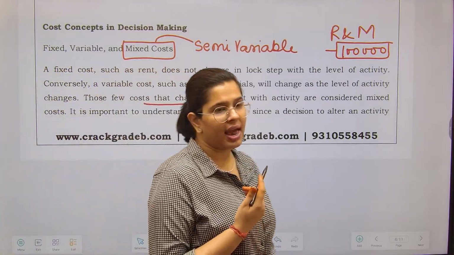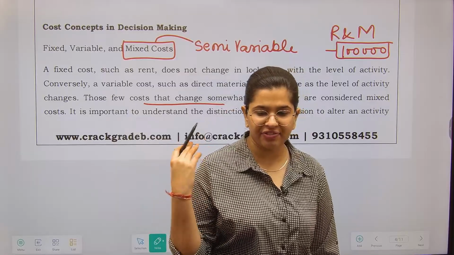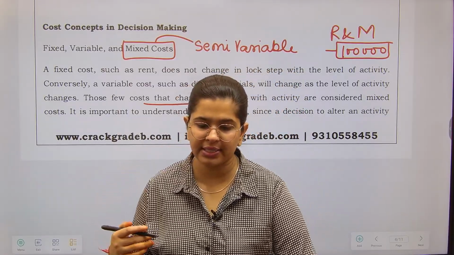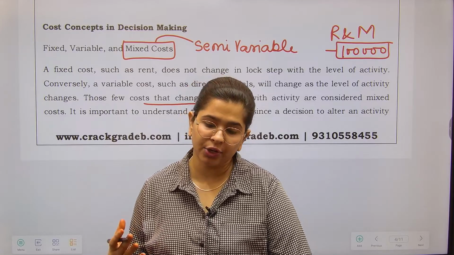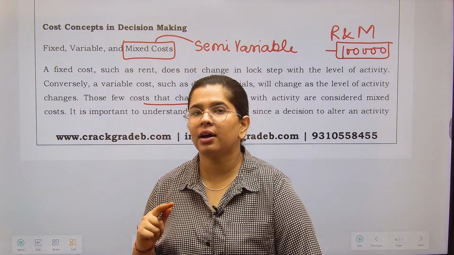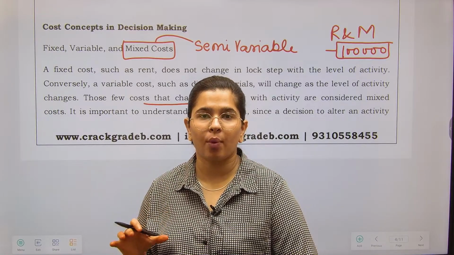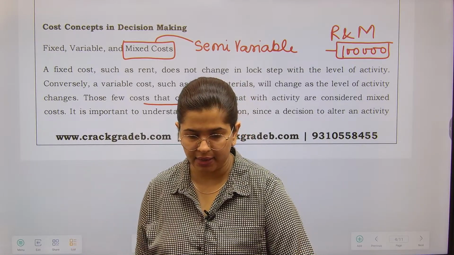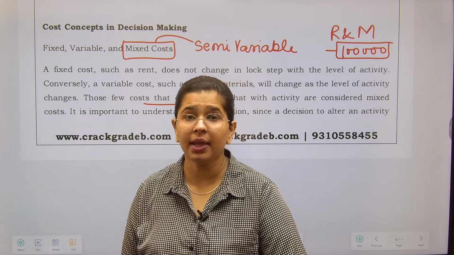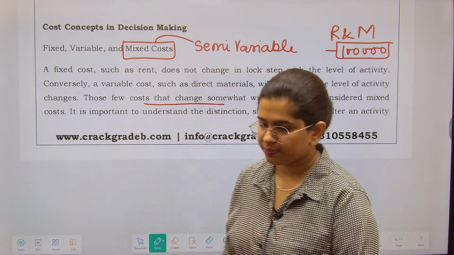For example, 1 lakh is going to be there. That is my fixed charges. But apart from that, if you call the repair maintenance guy every time, then he is going to charge for the tools. ठीक है? So this cost is having both the components, fixed as well as the variable. इसमें आपका fixed component भी है and variable component भी है. ठीक है?